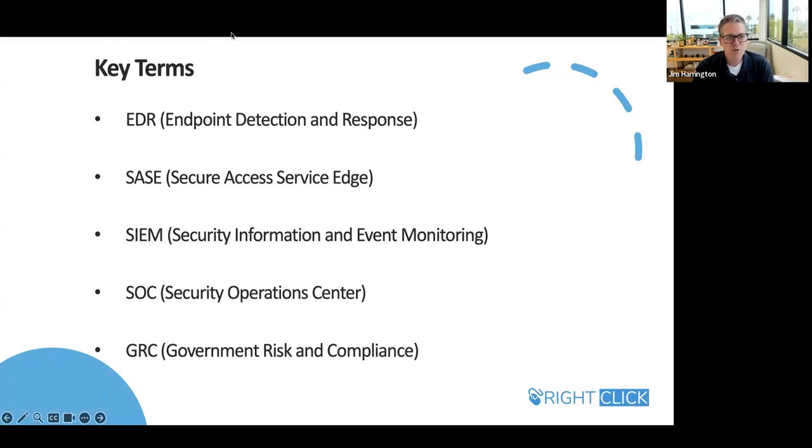The last term is GRC, governance, risk and compliance. This applies to you if you're contracting on a government project. There are more and more requirements to follow standards, and cybersecurity is all based on standards. There are different compliance standards, like CMMC or NIST or SOC, and they all have the same general requirements.